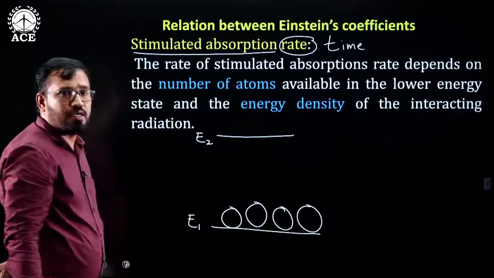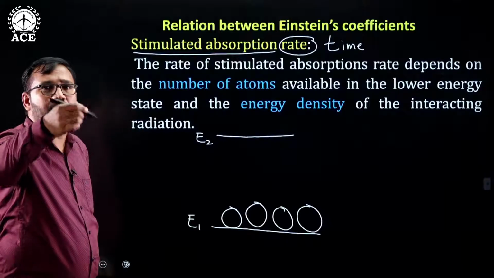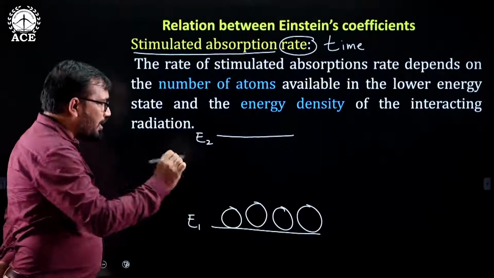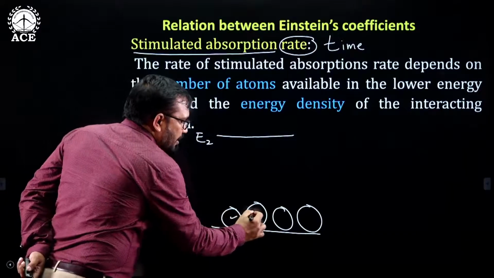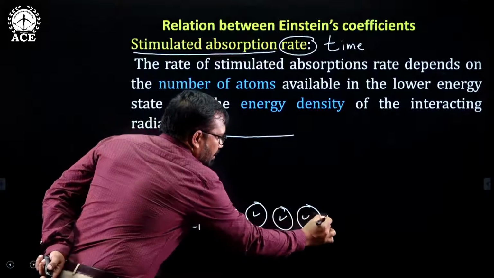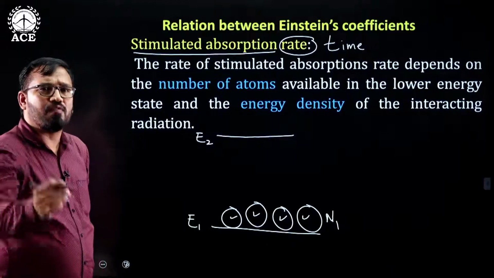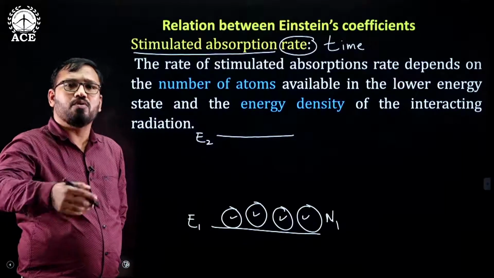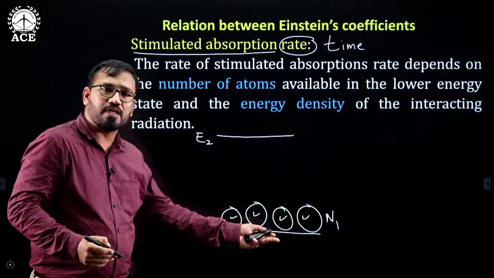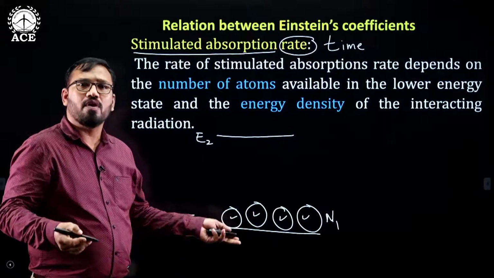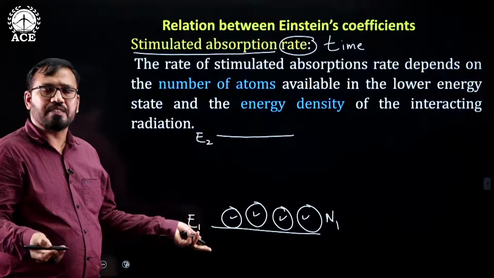When energy is absorbed, these atoms are excited from the lower energy level to the higher energy level. So the stimulated absorption rate depends on the number of atoms present in the lower energy level, that is N1. If you have more atoms, then only it is possible to transit more atoms. If you have fewer atoms in the ground state, you can't have a transition of more atoms. So the transition rate depends on the number of atoms.